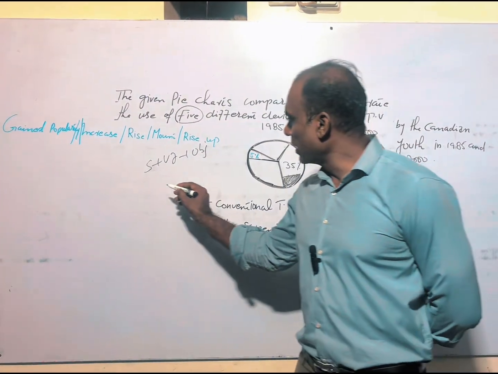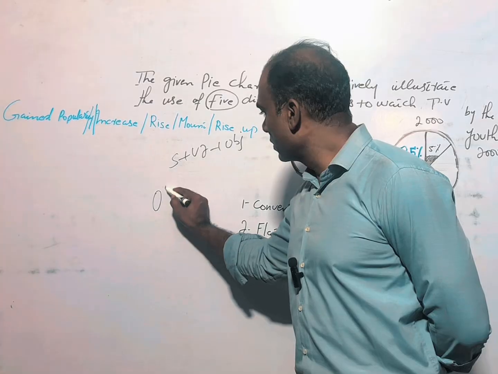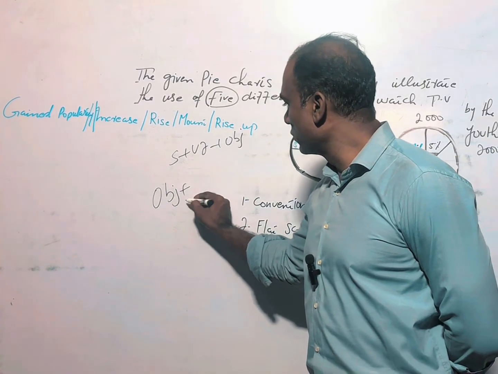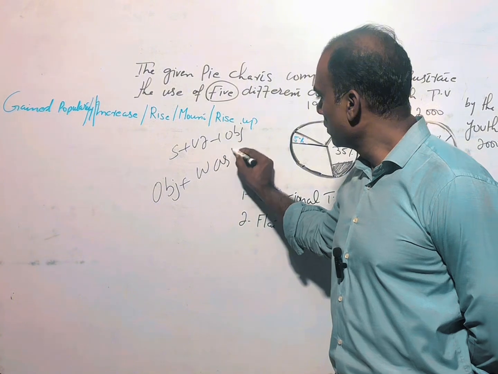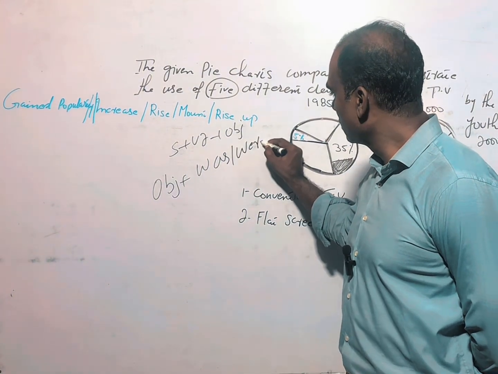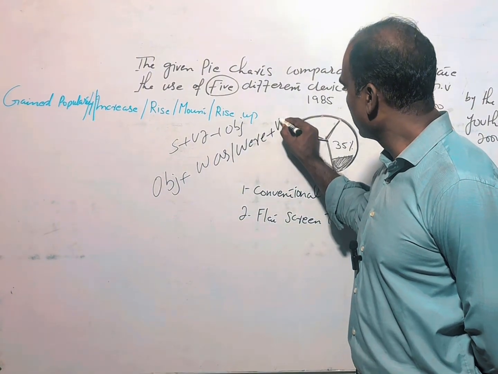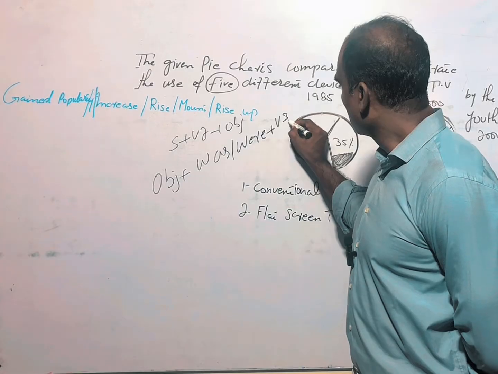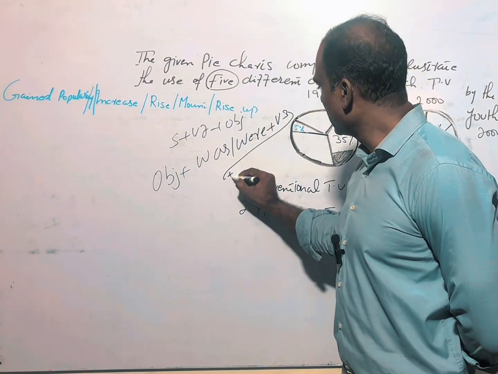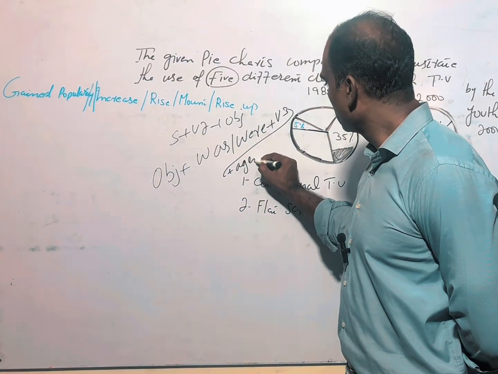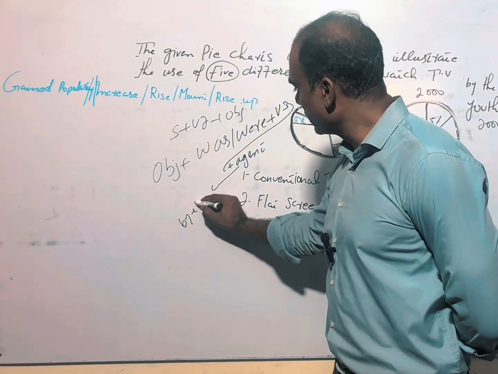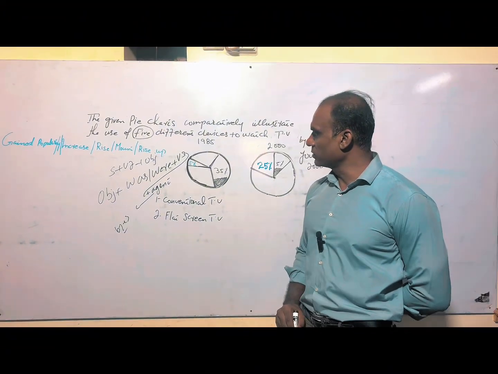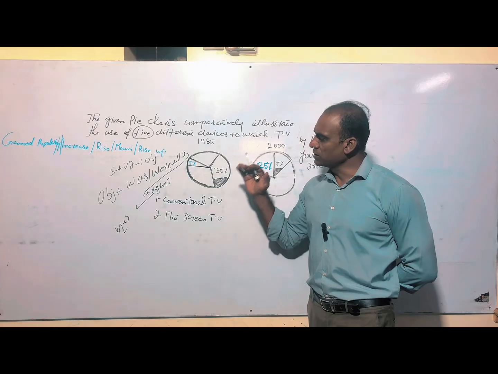Good. And the other formula should be object plus was/were plus V3 plus agent. Agent is by plus subject in language terminology basically. So this is the main formula.